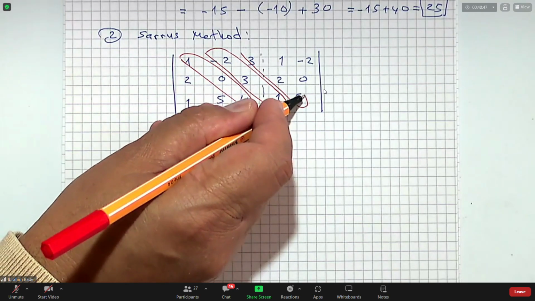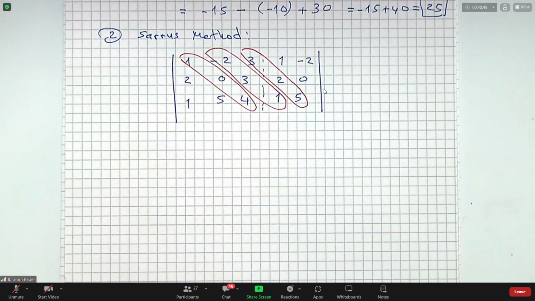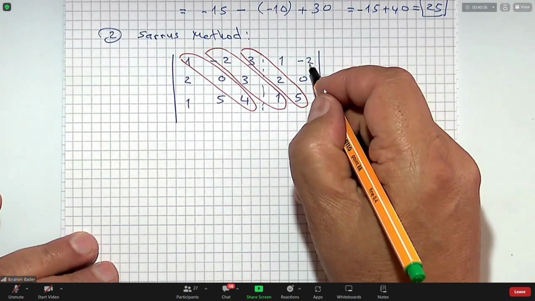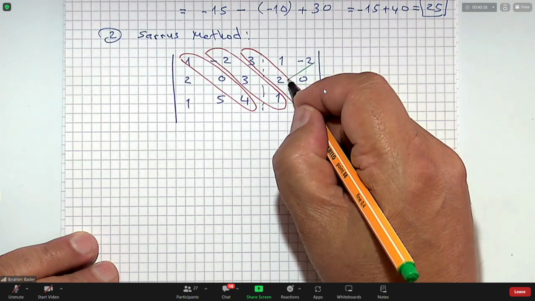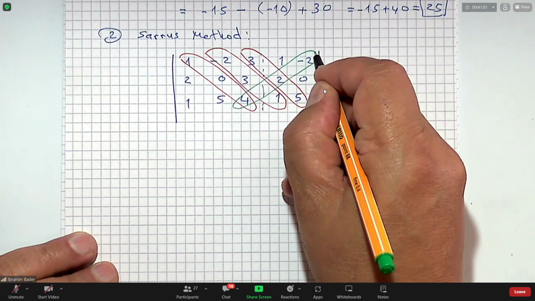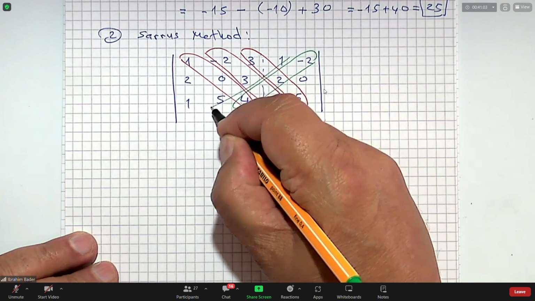So I have here these diagonals. I hope it's clear for everyone. And the other diagonal, from the right corner downwards, this diagonal.